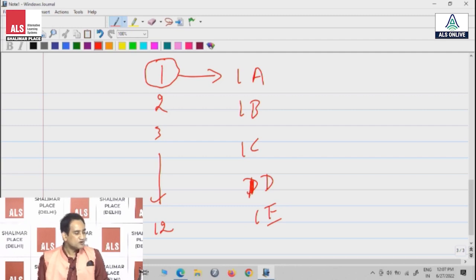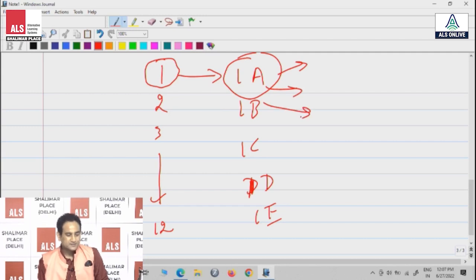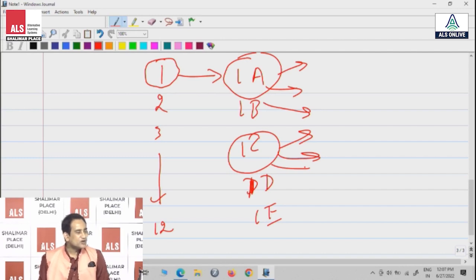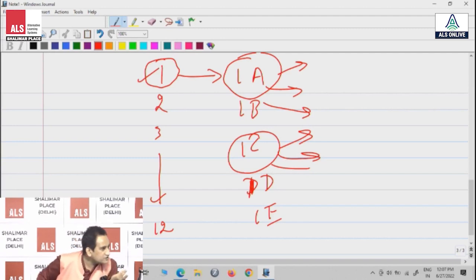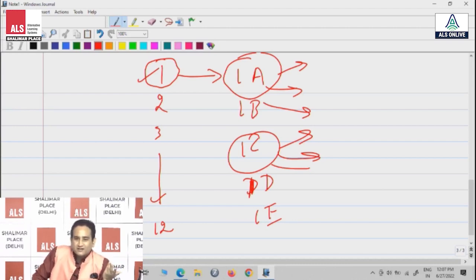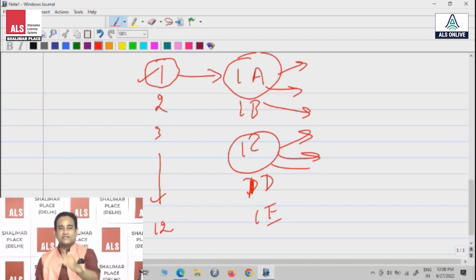Then I will divide 1A into different dimensions, suppose 3 dimensions here, and 1C, 3 dimensions here. The question would not be exactly from a chapter or a subtopic, but from dimensions. How will you judge the dimensions? Based on last year's questions, my experience of Delhi University, and my experience of different examinations, I will create 3-4 dimensions. Suppose after some time, having done the course, you come to know that one more dimension can be added here in 1A.